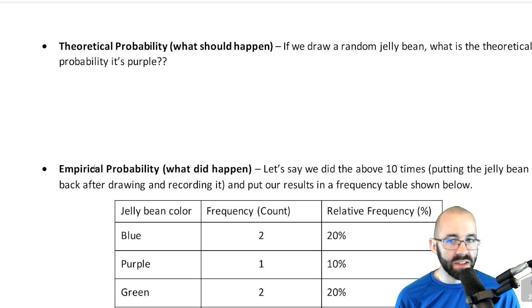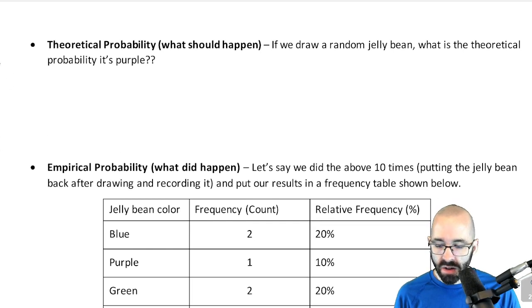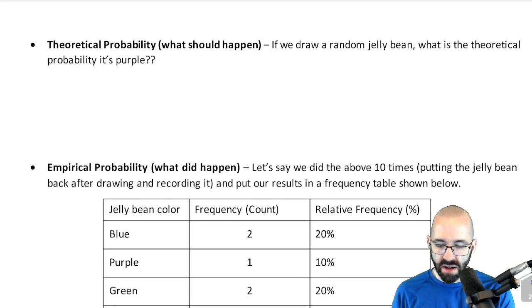Theoretical probability versus empirical probability is also something important. Theoretical probability means what should happen? What do we expect is going to happen? If everything's working the way that we think it should work, what's the probability of a purple jelly bean? In this case, we could find that by saying there's 2 purples out of 10.